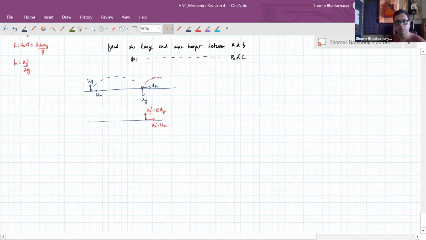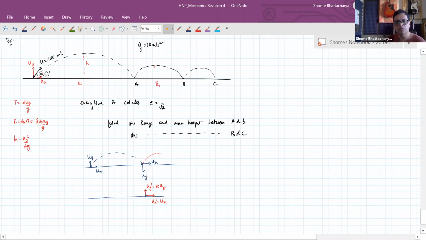Okay. So that is why now, if after the first impact, you take this to be R1 and this to be H1, now you can see that at E, this will be the same as the initial one, which is 60 meters per second. But this will become 80 by root 2 or 40 root 2 meters per second.